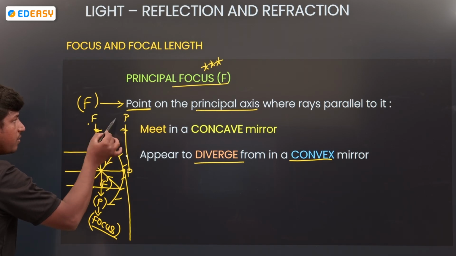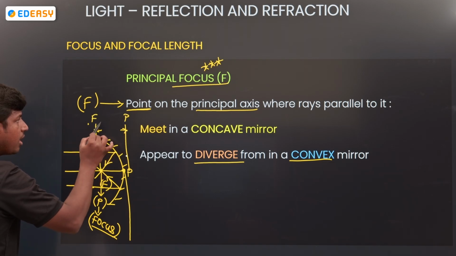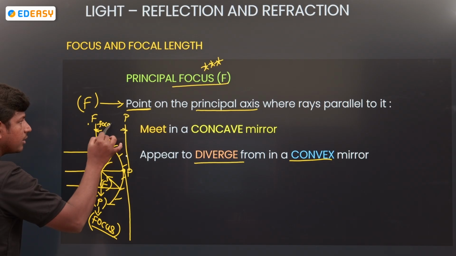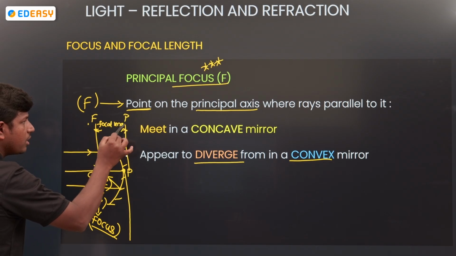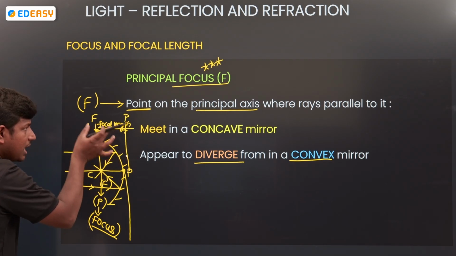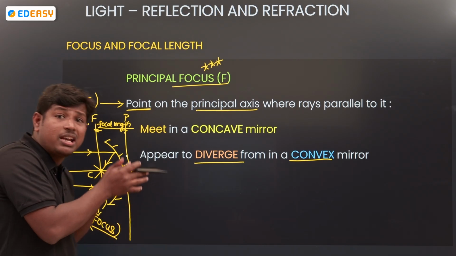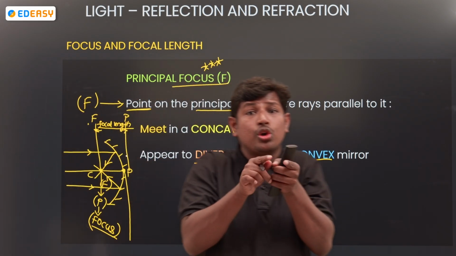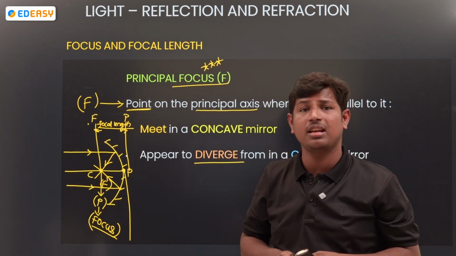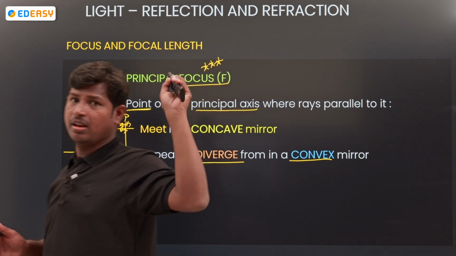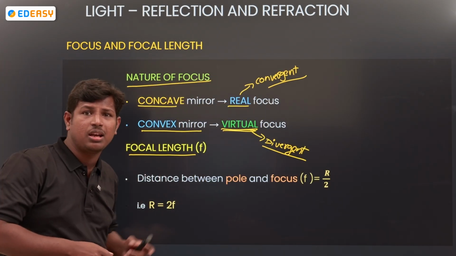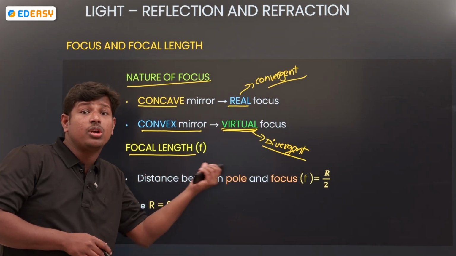The distance between pole and focus is called the focal length. Here it is the pole, here it is the focus. What distance lies between pole and focus? That we call the focal length. Clear? So focal length is the distance between pole and focus.